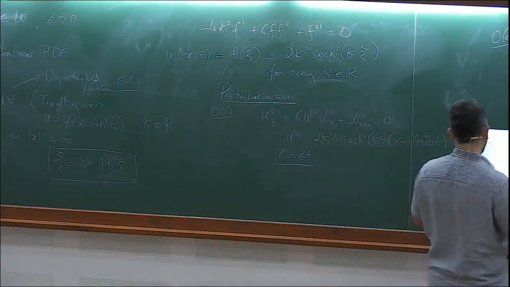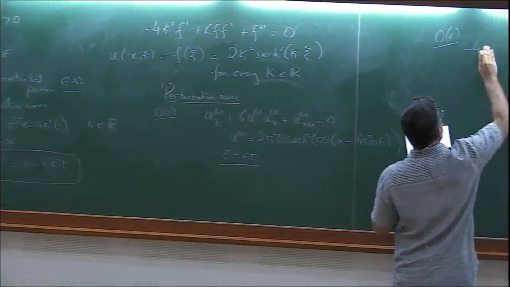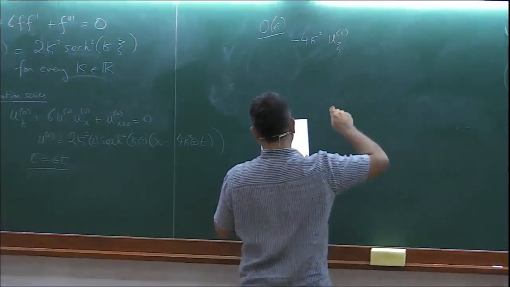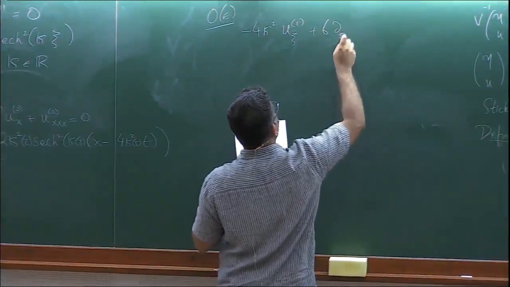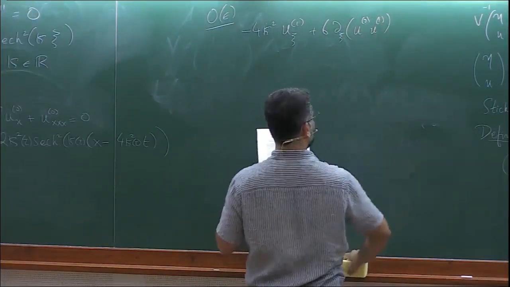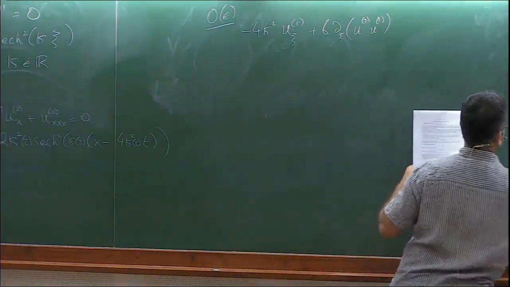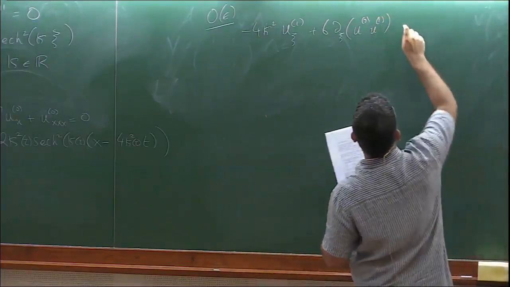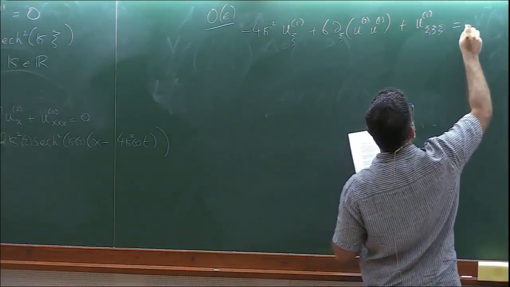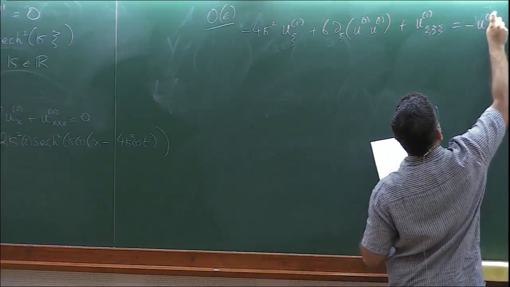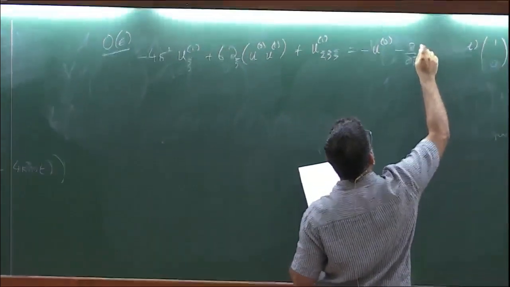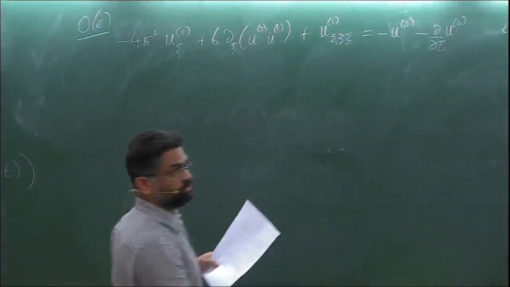Now the order 1 equation: kappa squared U1 prime plus 6 d/dxi of U0 U1, plus U1 minus U0 minus d/dtau of U0.